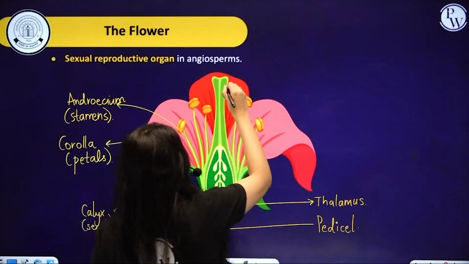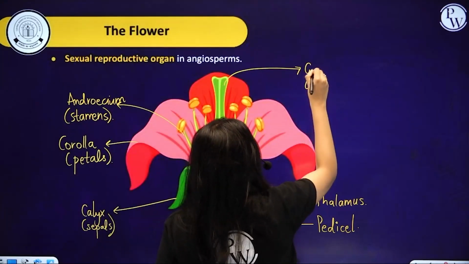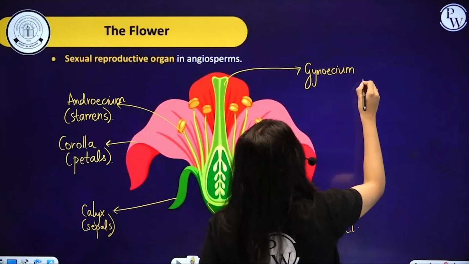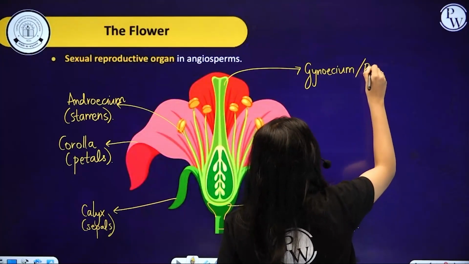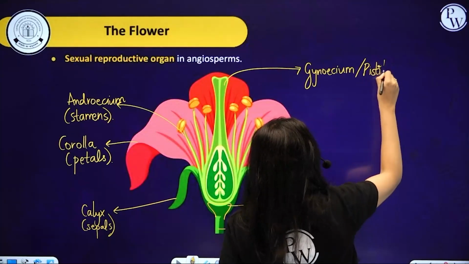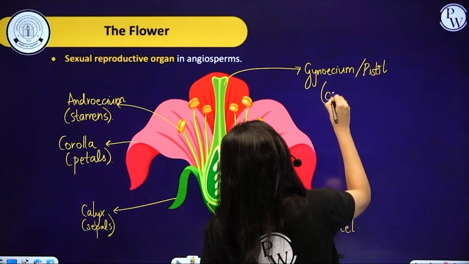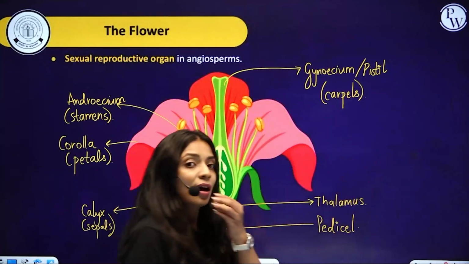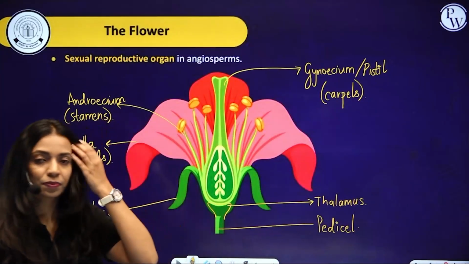And the innermost whorl, you have the gynoecium or pistil, and its individual units are called carpels. So these are the different parts of a flower.